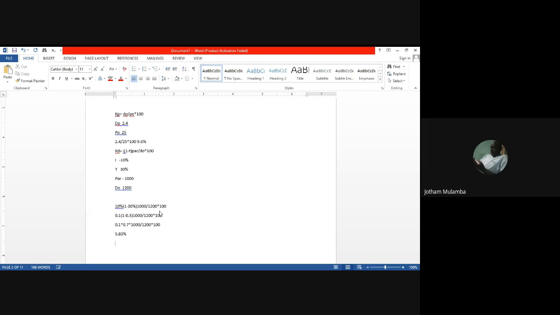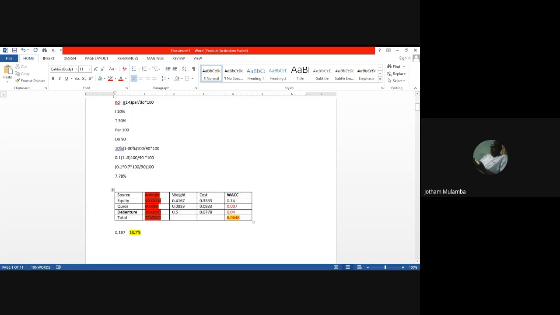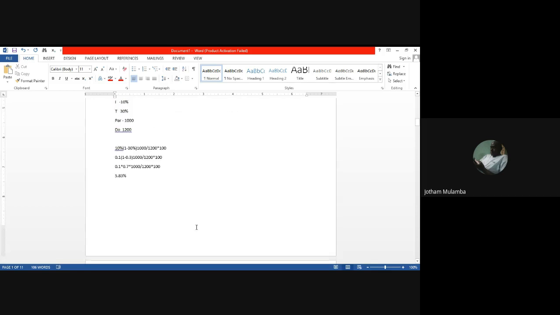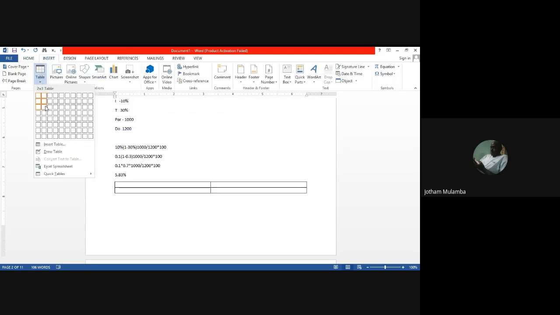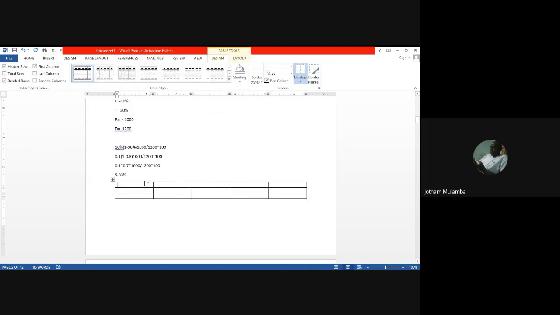So we go to the last part. The last part we add this table so that we can fill in. So insert a table. So the first column will always have source.